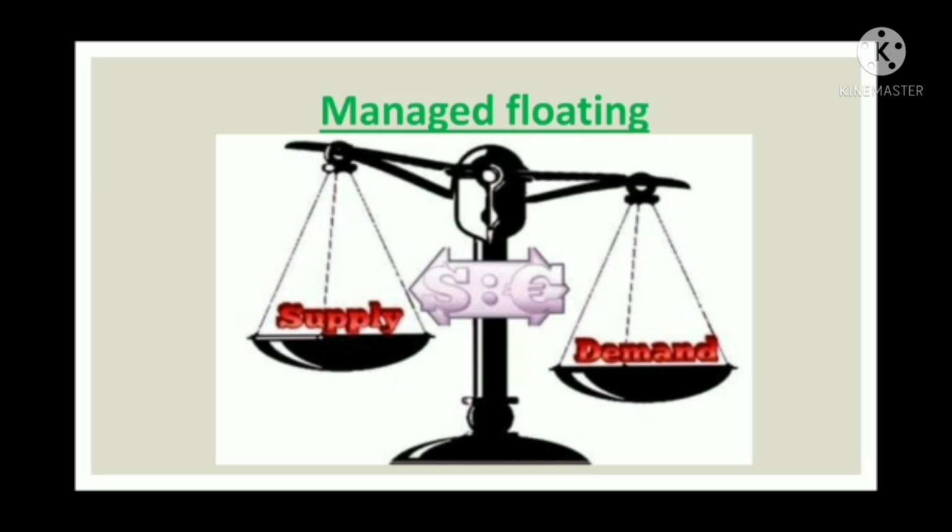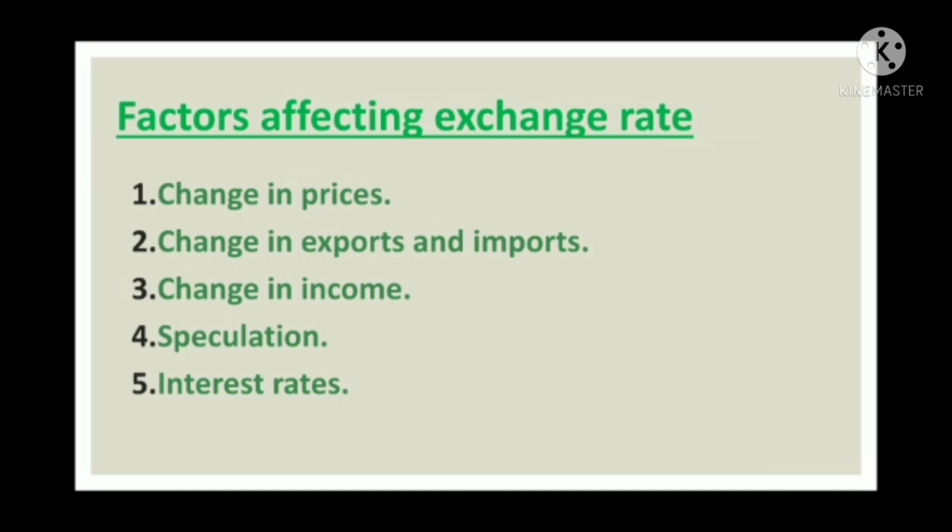Next, factors affecting exchange rate. The exchange rate between countries changes due to changes in demand and supply in the foreign exchange market. The factors which cause changes in demand and supply are as follows. Point number 1 is change in price. It is change in the relative price level that causes changes in the exchange rate. Point number 2 is change in exports and imports.